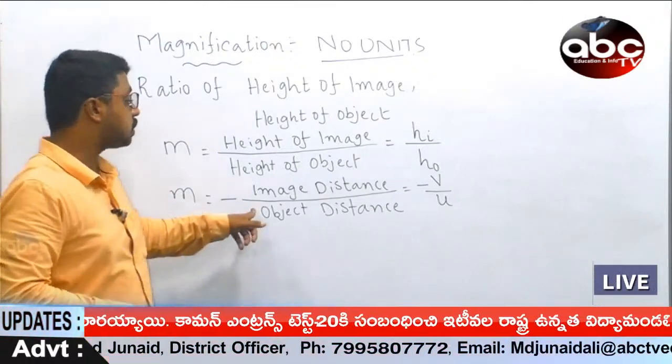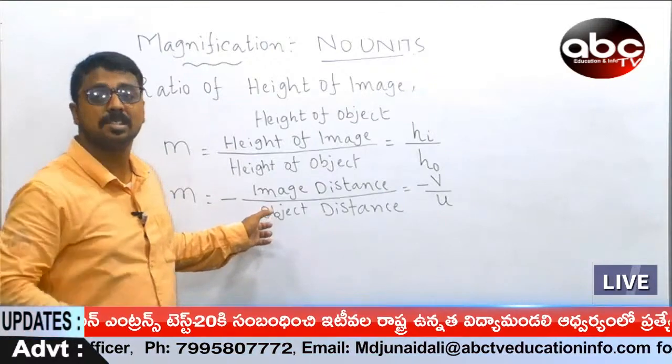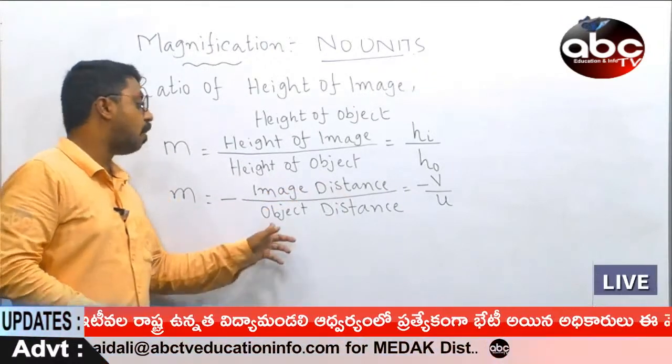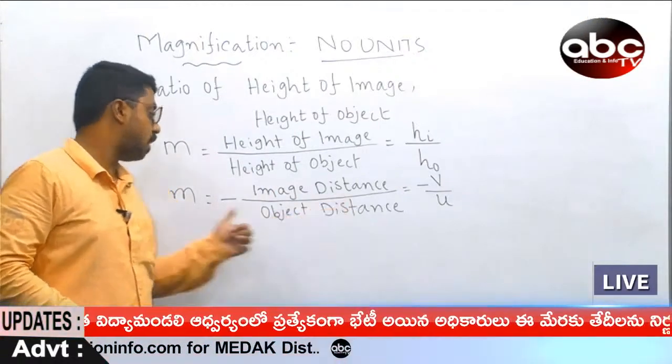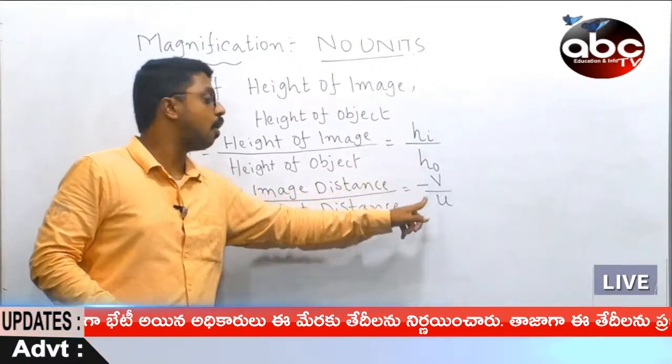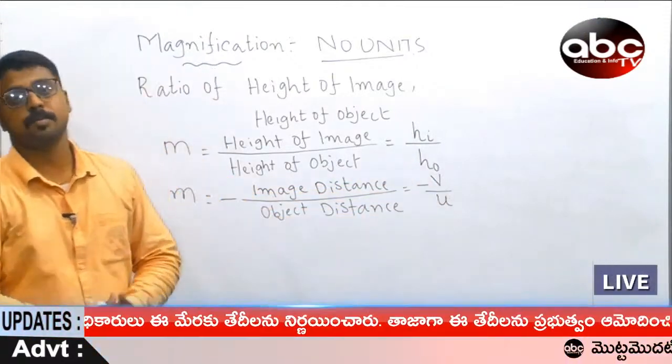And it is also comparable in case of distances. That is, the ratio of image distance to the object distance is called magnification. Its formulas are hi by ho or minus v by u.